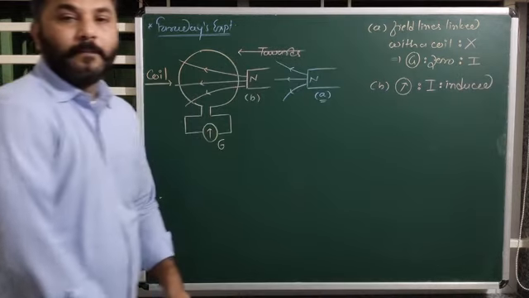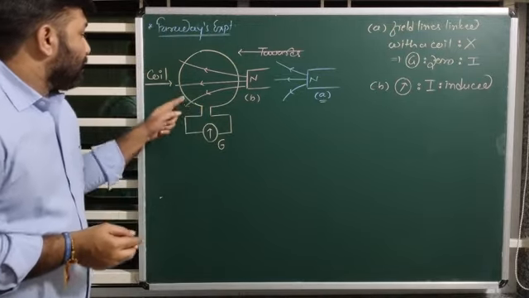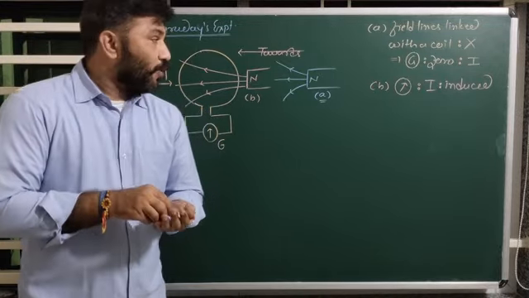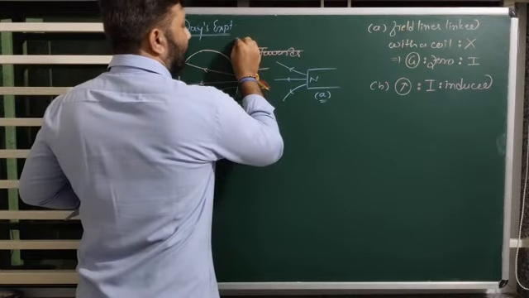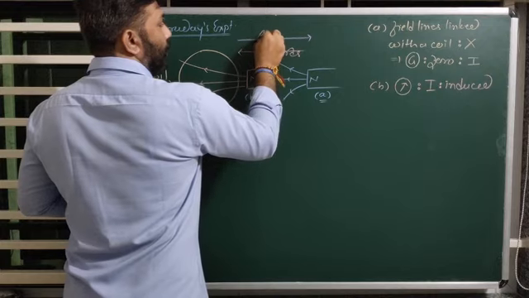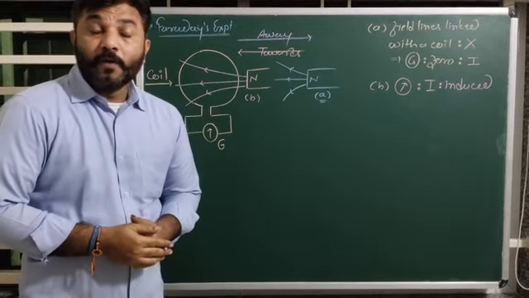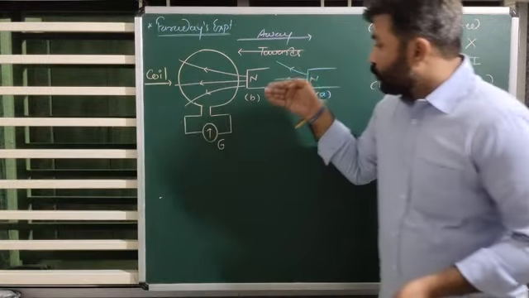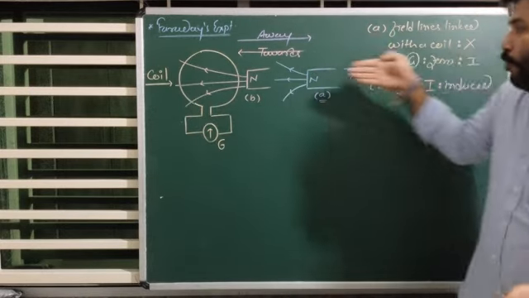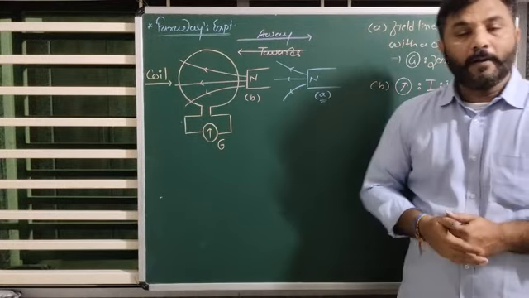Now, according to Faraday's law, the change in magnetic field lines is required. So because of that, now again the inverse process: move that magnet away from the coil. When you are taking the magnet away, the magnetic field lines which were linked in a coil now come out from the coil.